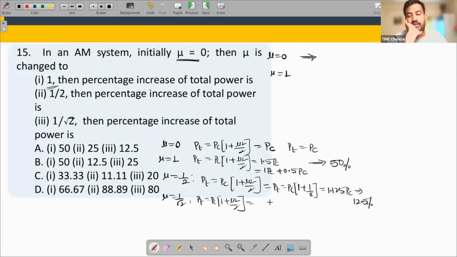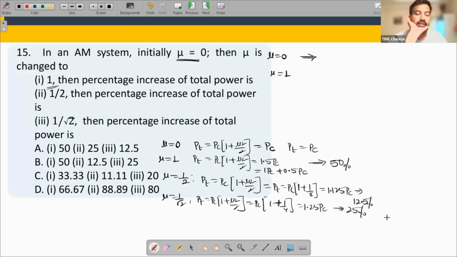PT is equal to PC into 1 plus mu square by 2. PT is equal to PC into 1 plus 1 by 4. 1.25 PC.